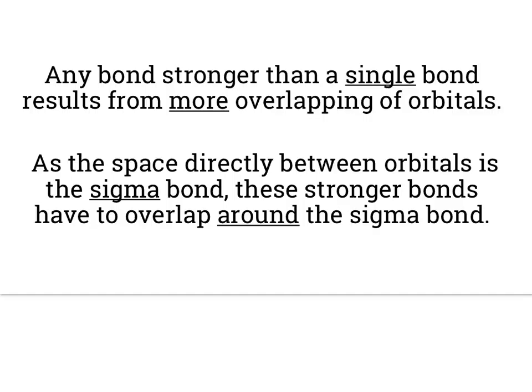Any bond stronger than a single bond, because remember that single is a sigma, results from more overlapping of orbitals. Here's the issue though. The space directly between the nuclei is a sigma bond. So the space right between the two nuclei is already covered, which means we can't really go between these anymore.